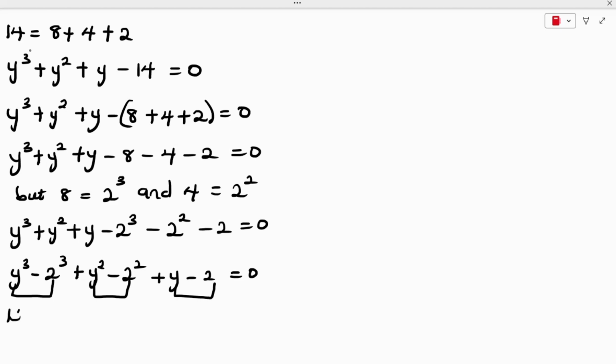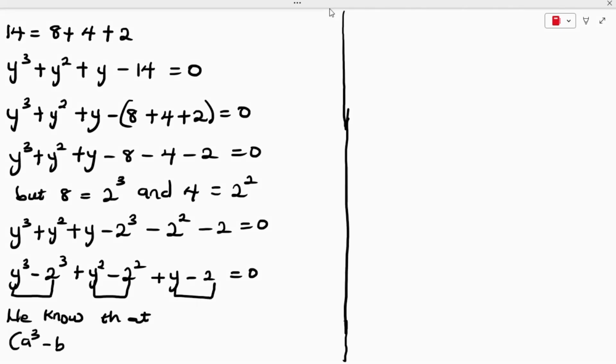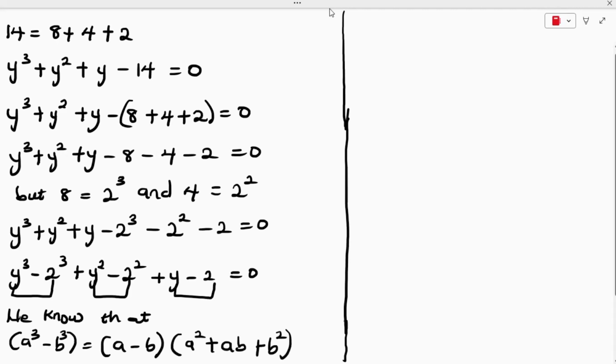We know that a cubed minus b cubed is equal to (a minus b) into (a squared plus ab plus b squared), and we also know that a squared minus b squared is equal to (a minus b)(a plus b). So let's simply apply these two to this and this right here.